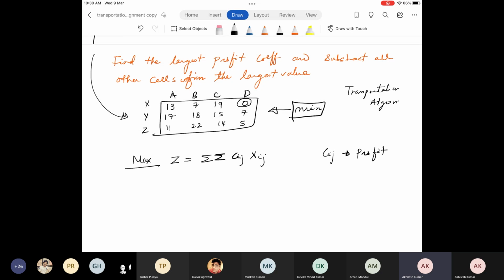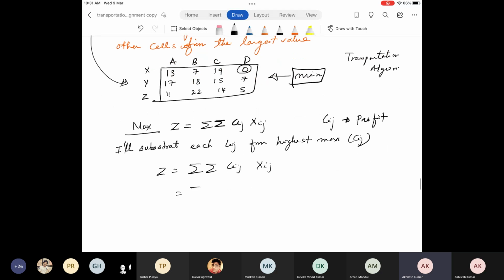When I subtract each Cij from the max of Cij, what exactly are we doing? Instead of Z equals summation Cij Xij, we have summation of 25 minus Cij, times Xij.